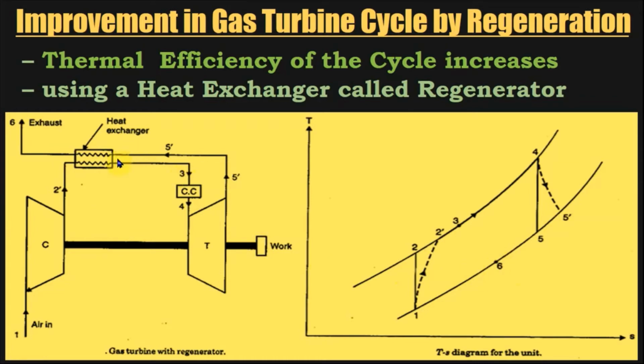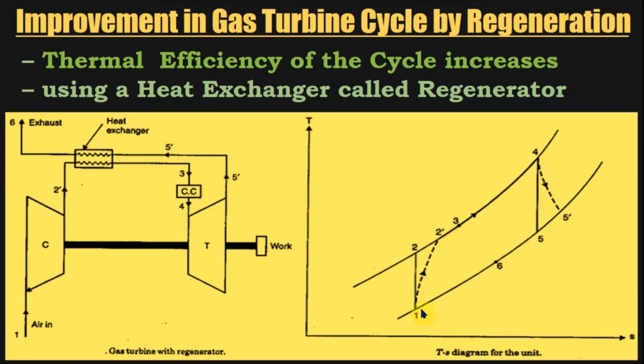Temperature of the exhaust gas coming out of the heat exchanger after extracting the waste heat to heat up the compressed air, that temperature is now T6. So as you can see on the constant pressure line, the lower pressure line, you have a point 6 that is representing the temperature of the exhaust gases when it is finally discharged to the atmosphere.